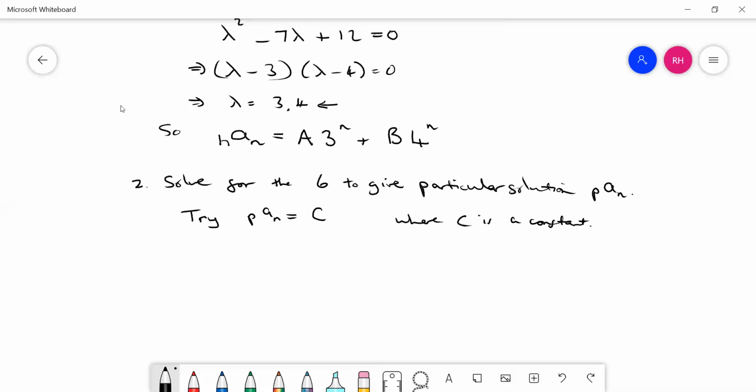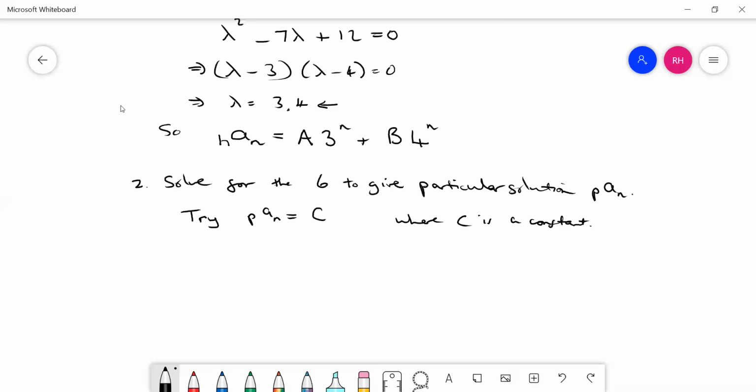If instead of 6 it had been something like n squared, there's a table I can read off which tells me what I should use, like cn plus d, cn squared plus dn plus e, whatever. Anyway, have a look at the table in that video of mine, Recurrence Relations Made Easy, if you want to understand more why I picked, in this case, a constant.